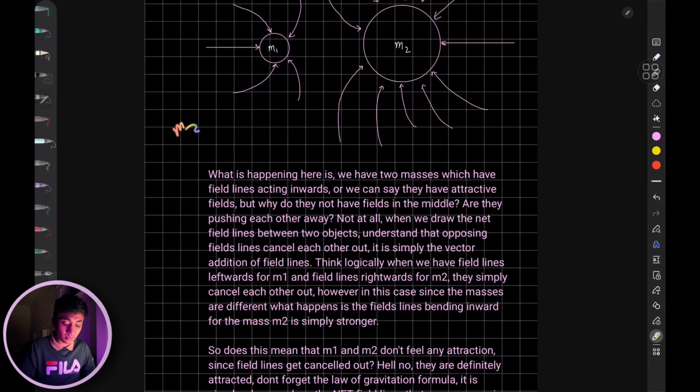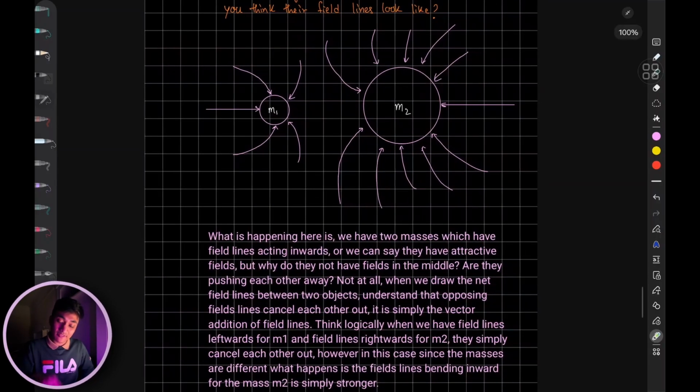When you're talking with respect to just mass m1 and I place a mass m2, then I know it will feel a force radially inwards towards m1, right? That's the concept of a field line. Now, what happens with two masses, one small, one big, and I place a third mass m3 over here?